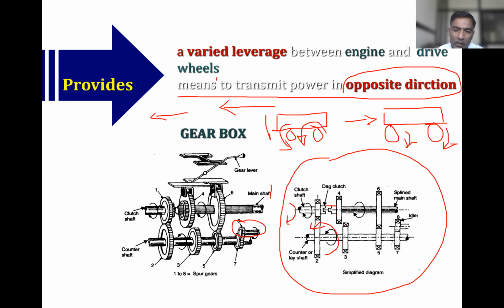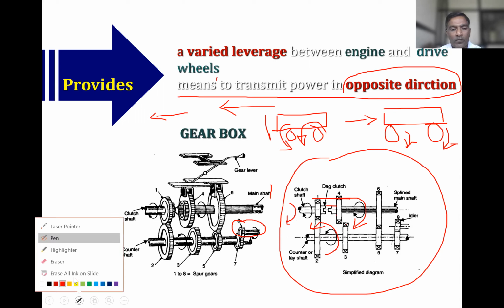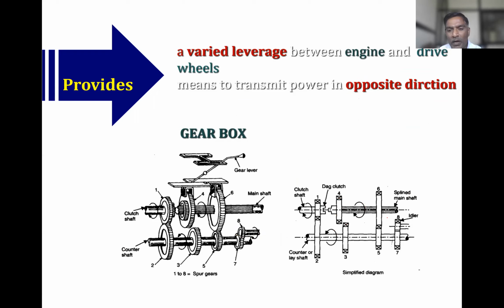So when this will rotate in anti-clockwise, this will rotate in clockwise. So whatever the clutch shaft direction, the main shaft is going to rotate in the same direction. Now that needs to rotate in the opposite direction. How to get that?